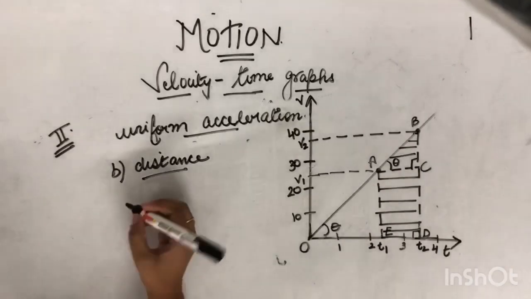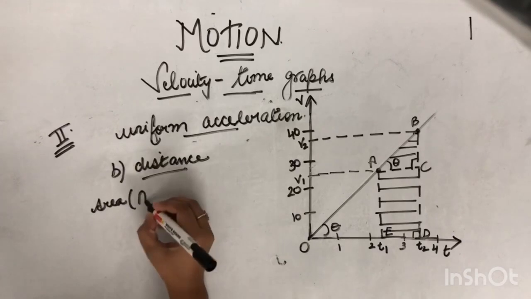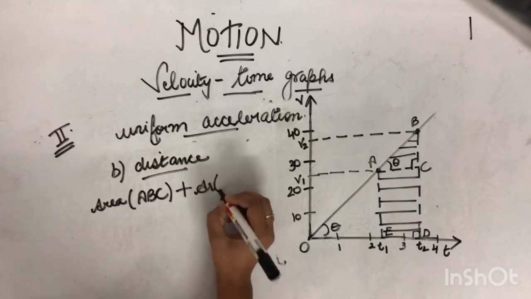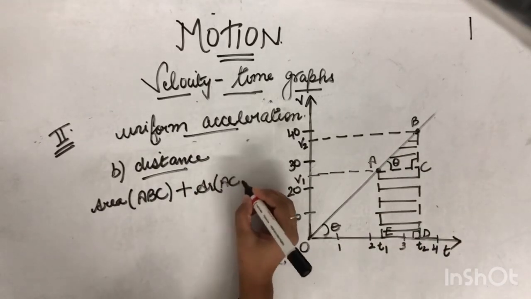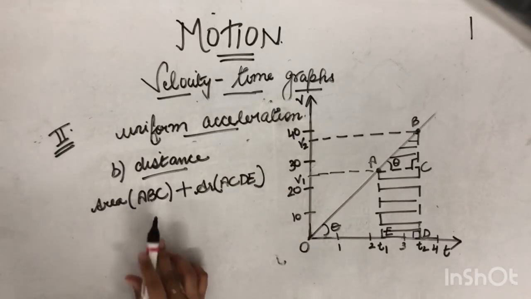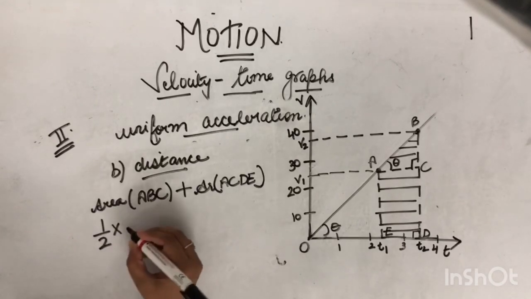So I have to find the area of triangle ABC plus the area of this rectangle ACDE. The area of a triangle is half into base into height.